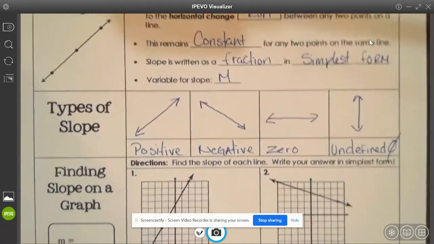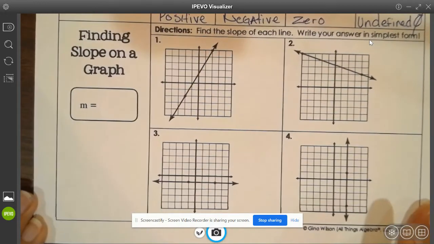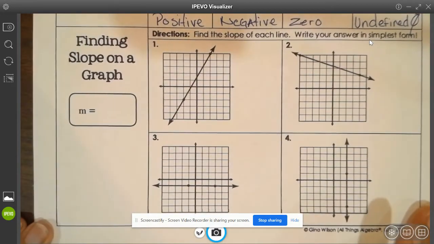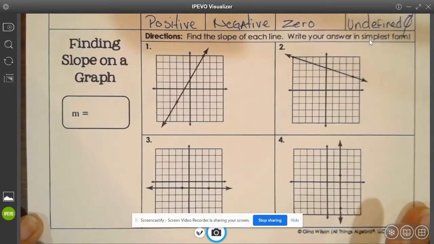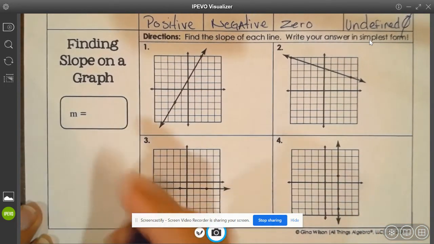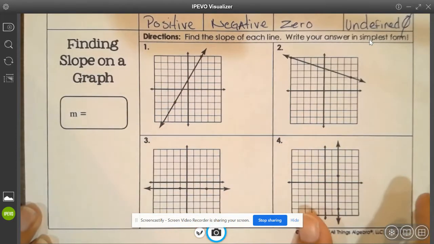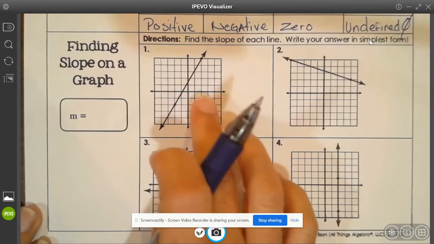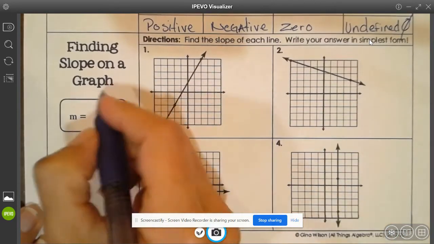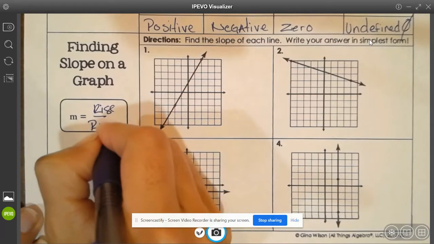All right, so how do we find the slope in a graph? I'm going to give you 4 examples. These are the 4 examples that we're going to work on, and then you guys do the rest. So finding the slope, this would be the slope of a line. It's going to be rise over run, right?